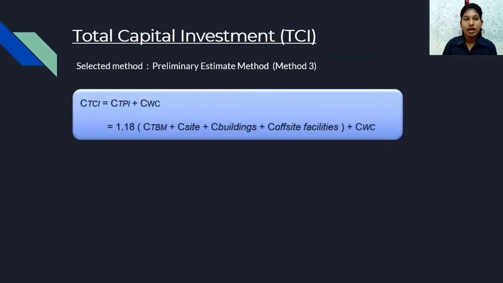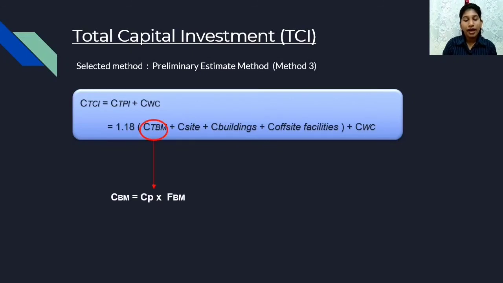Let's proceed with the capital investment. In this project, the third method, which is the preliminary estimate method, was chosen to calculate the total capital investment, and the equation used is this one. The total capital investment was calculated by the sum of the working capital and the total permanent investment.